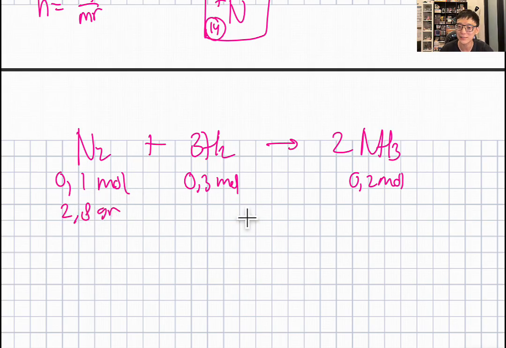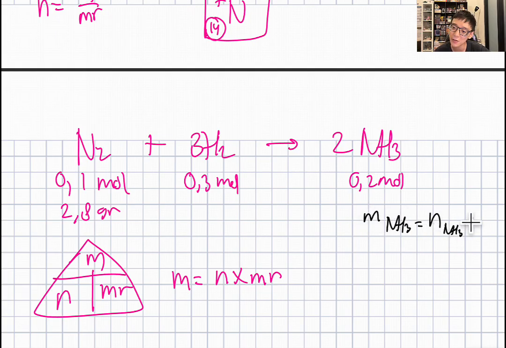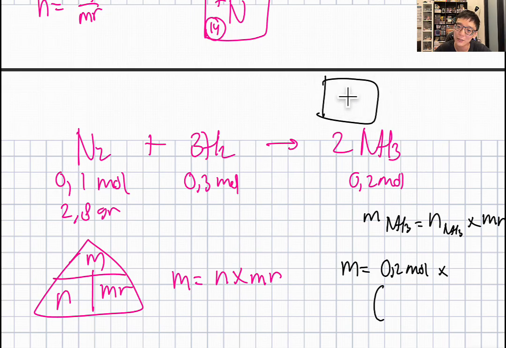So if you're asked the mass of the other things, now we can find it. Because mole is mass over MR, so mass would be mole multiplied by the MR. So if you would like to find, for example, the mass of NH3, it would be the mole of NH3 multiplied by the MR of NH3. So the mass would be 0.2 mole multiplied by, well, nitrogen is 14, hydrogen is 1.